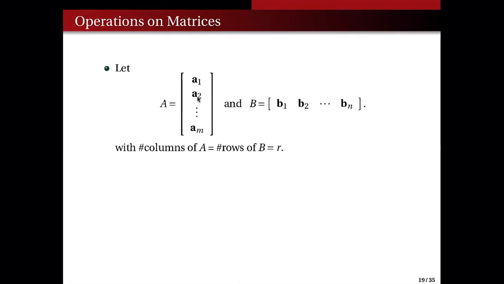This A here is a row vector, etc. And then we let capital B be this one here. It's a row vector, but the entries are actually column vectors. And then the number of columns of A equals the number of rows of B, which is equal to R.